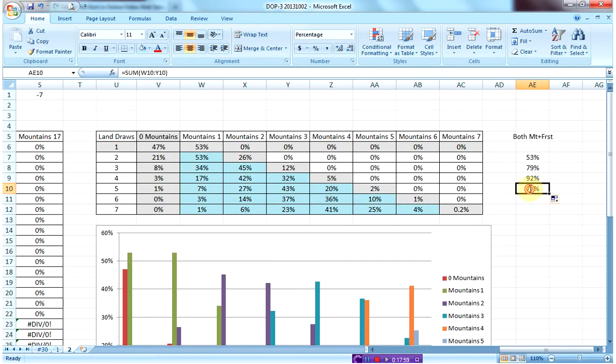I don't know a good way to set this up to do the calculation correctly as I drag it down, so I'm doing it manually.